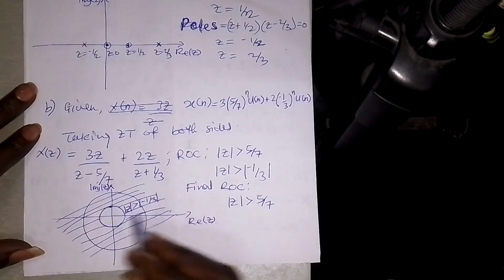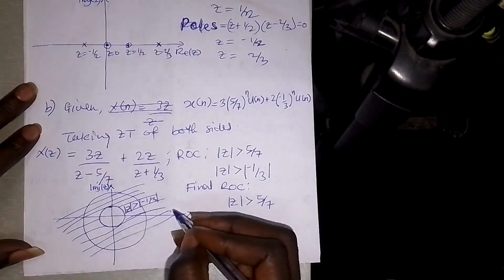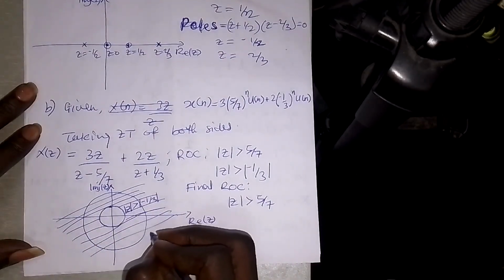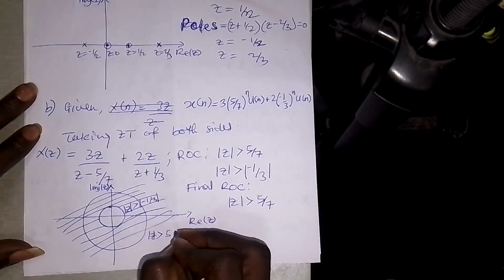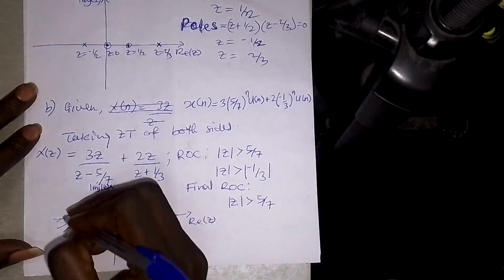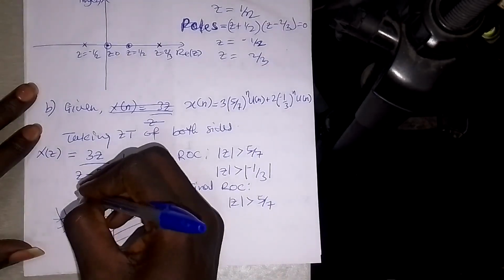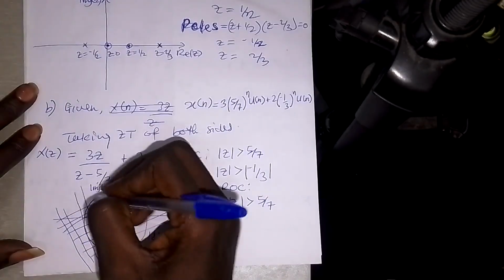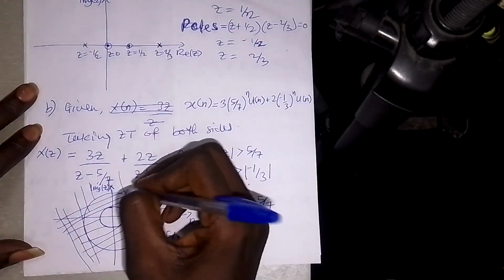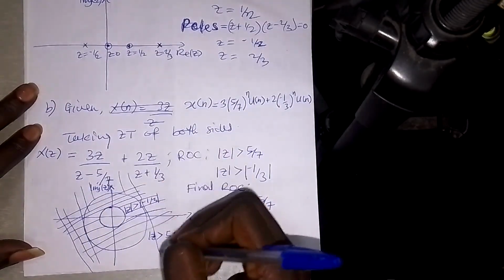So this bigger circle is like this, |z| is greater than 5 over 7. If it's greater, then I'll have to shade outside. So like this, like this.